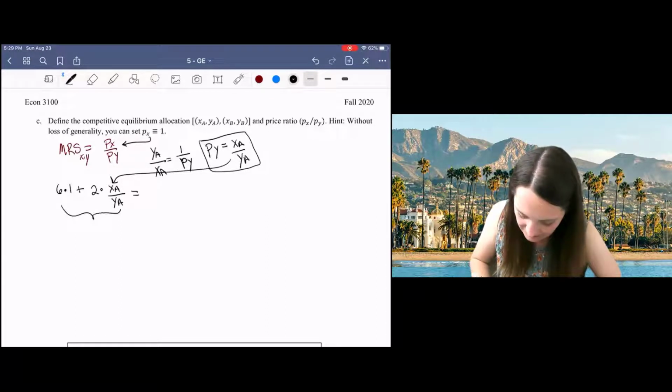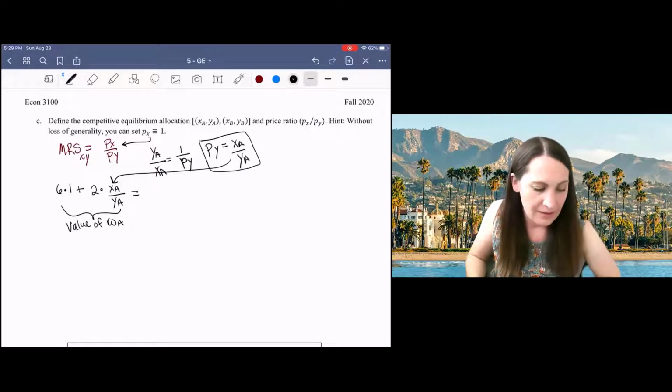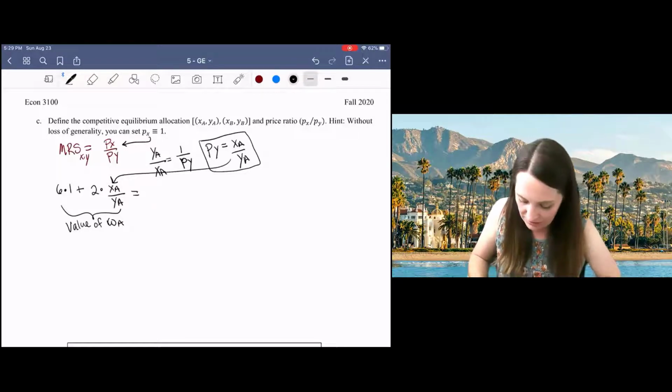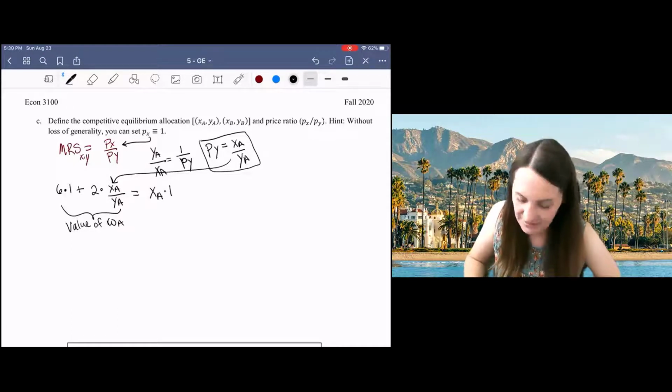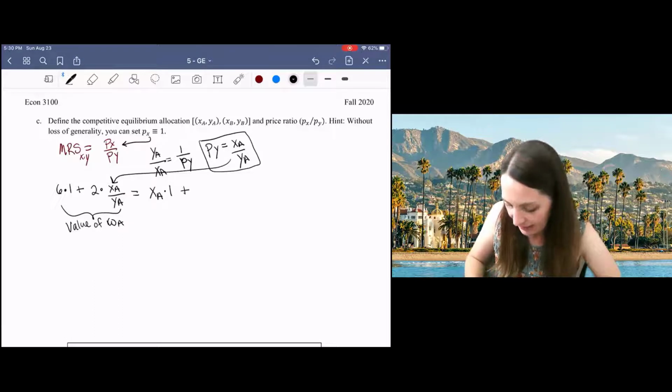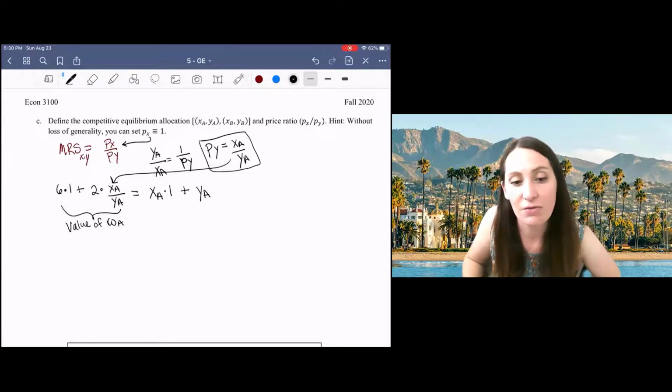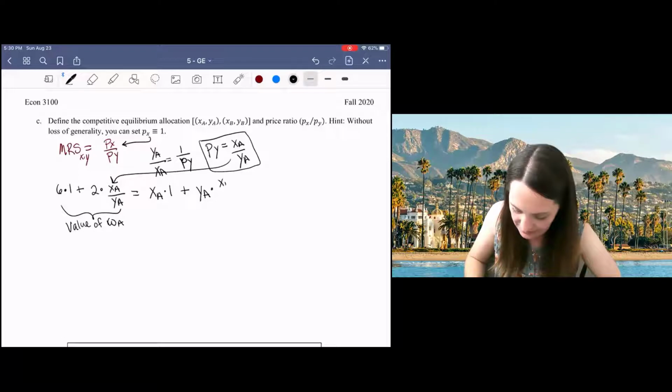So this is the value of her initial endowment, omega A. This must be equal to her eventual consumption of XA times 1 and her eventual consumption of YA times the price of YA.